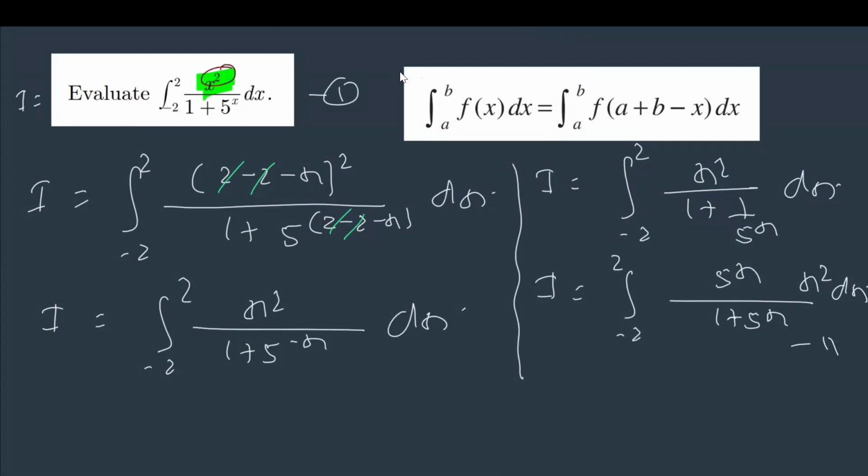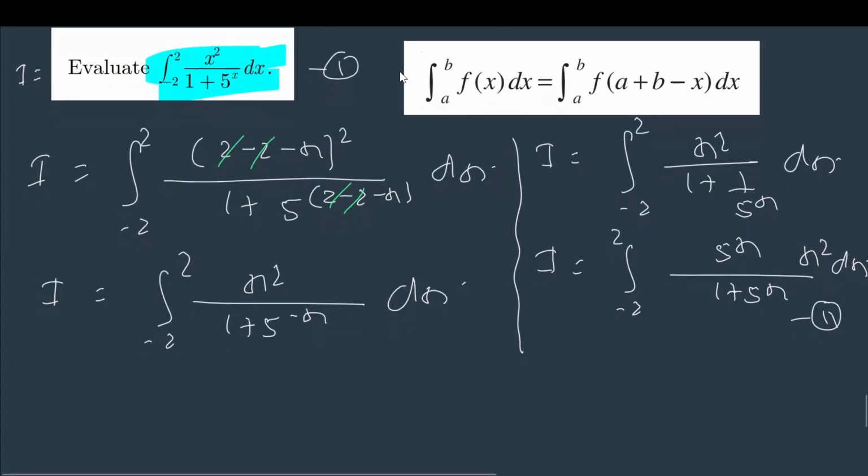Now check, if I write this as equation 2, and you know what equation 1 is over here, this being equation 1. So if I add these two equations, that is adding 1 and 2, we'll get on the left hand side 2 times I. The limit is going to be minus 2 to 2. The numerator is what? x square over 1 plus 5 raised to the power x. And adding, let's check once again. On adding, we have the same denominator.